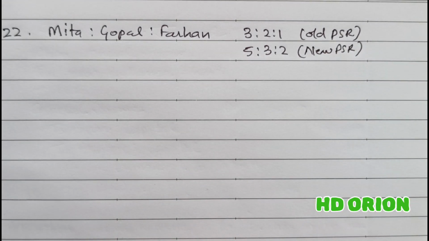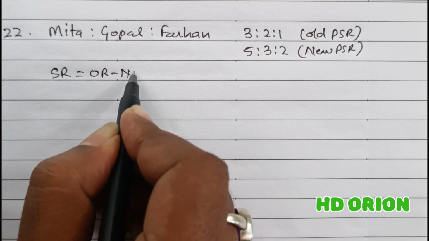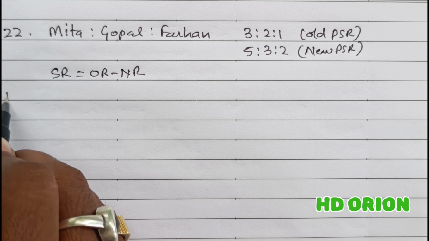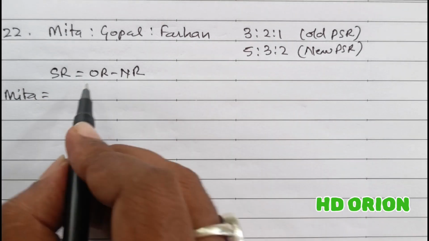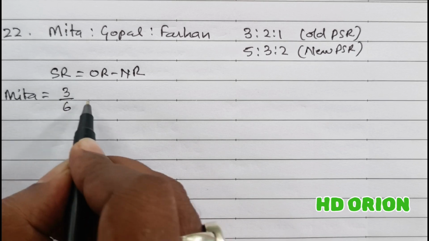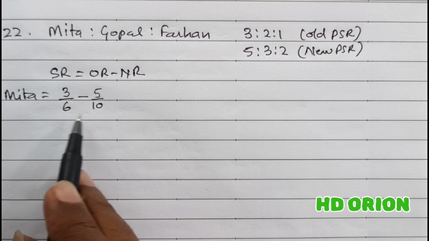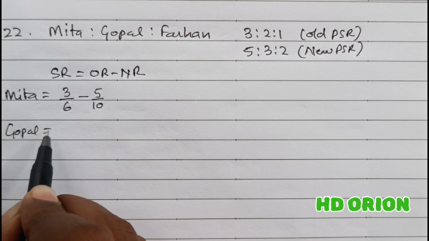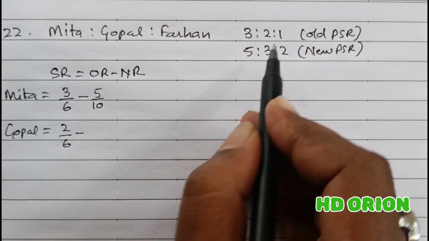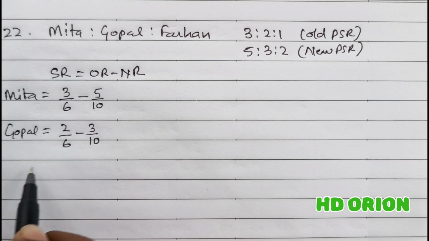So let us calculate sacrificing ratio. Sacrificing ratio is equal to old ratio minus new ratio. For partner Meeta, old ratio is 3/6 and new ratio is 5/10. For Gopal, old ratio is 2/6 and new ratio is 3/10.